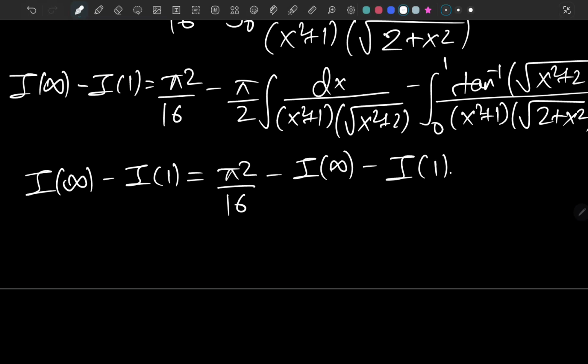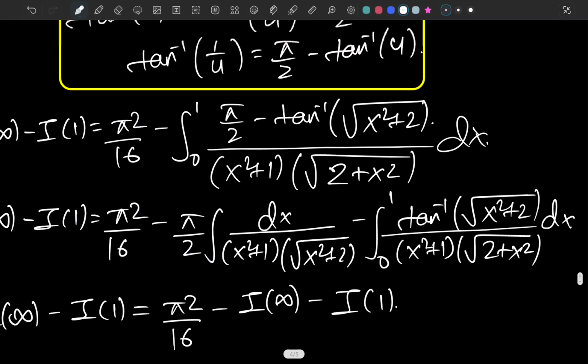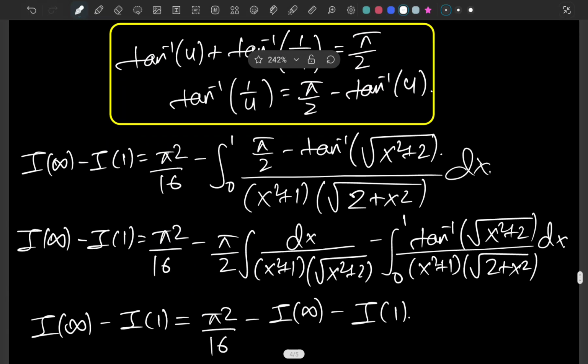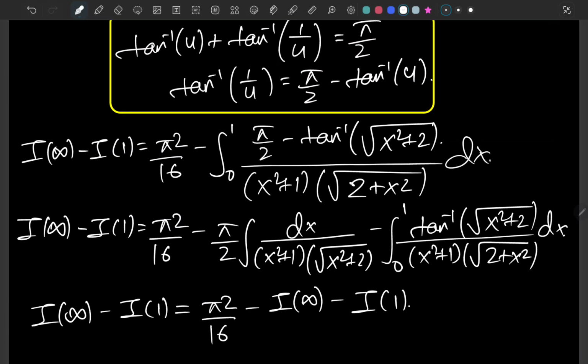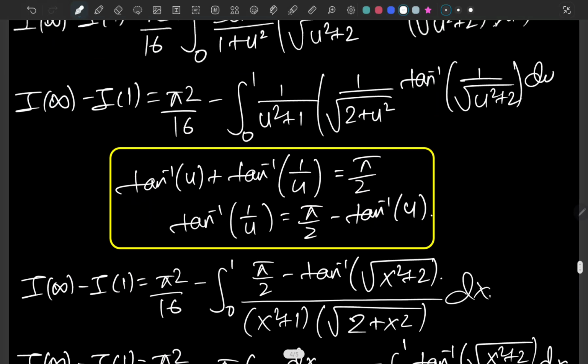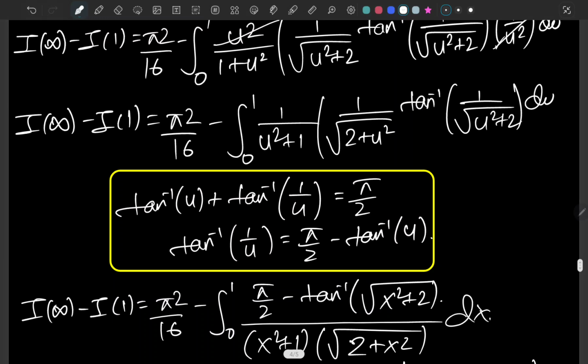Okay, and then let me just check that everything is correct. Wait a second. Oh, I think I messed up somewhere. Oh, okay, I did notice that.